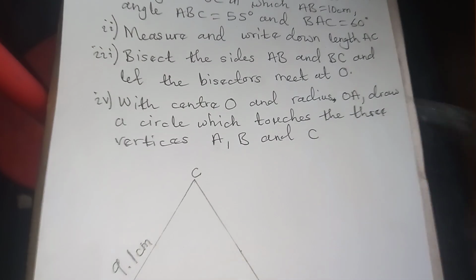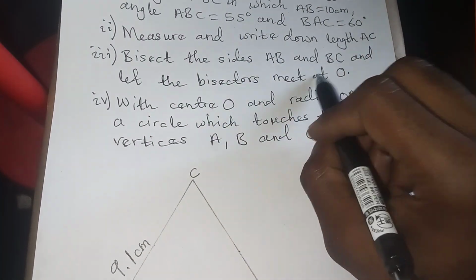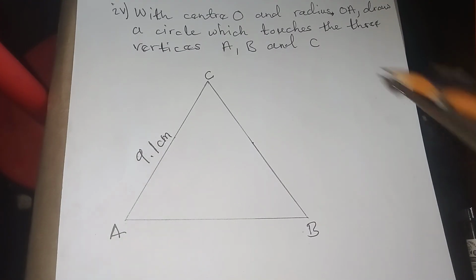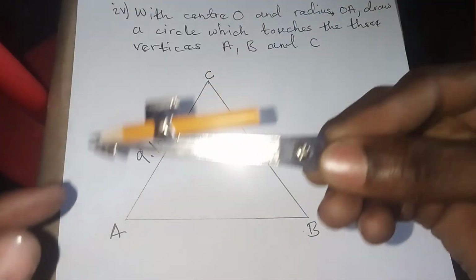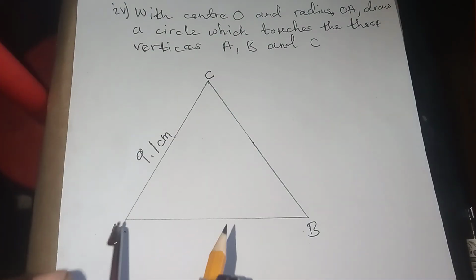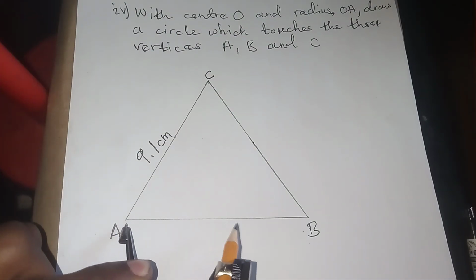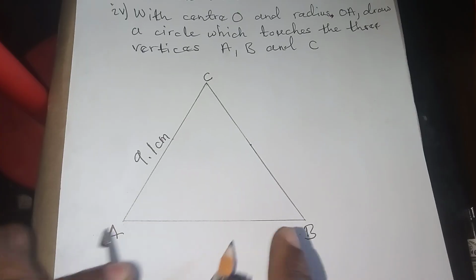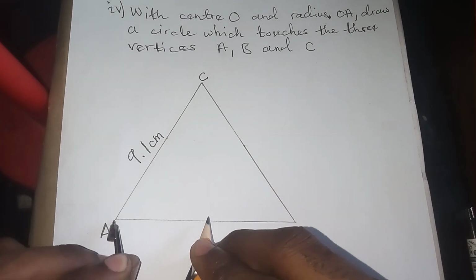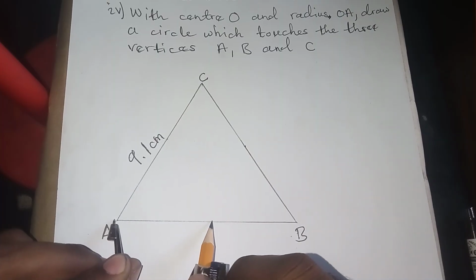And then next, bisect the sides AB and BC and let the bisectors meet at O. So now to bisect the sides AB, this is where this guy comes in. So you can just make any radius which is slightly greater than half of AB. So I know that the midpoint of AB is somewhere here.